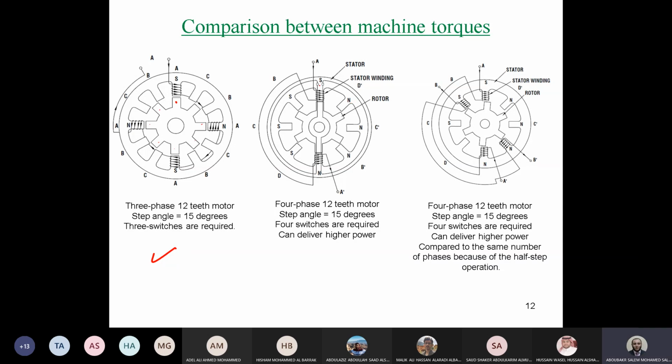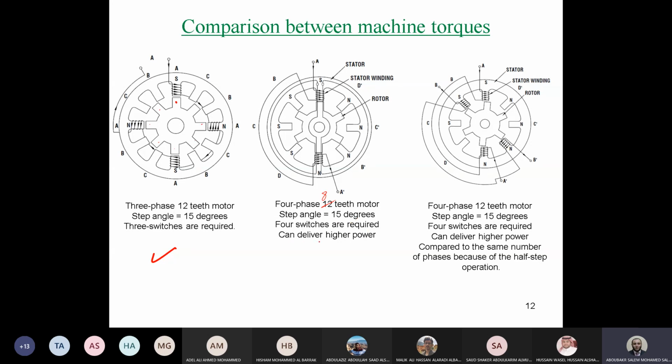It's not 12 again. Four phases, not 12, this is 8. For the rotor, teeth 1, 2, 3, 4, 5, 6. So 8 teeth for the stator and 6 teeth for the rotor. The step angle will be the same. You also need 4 switches.